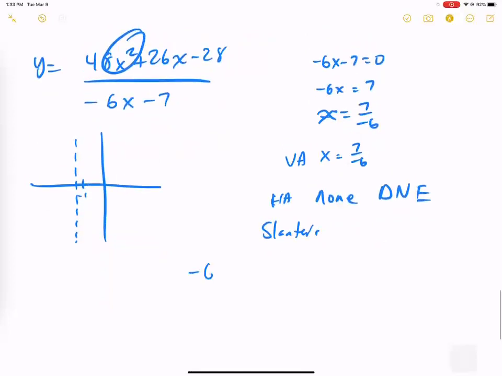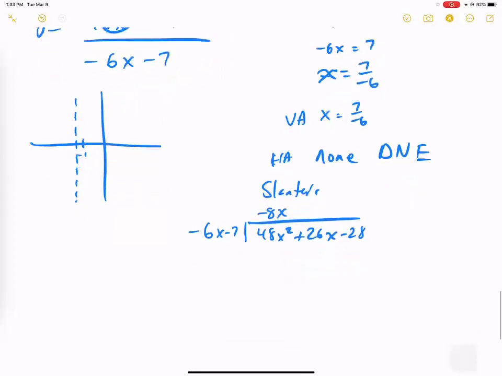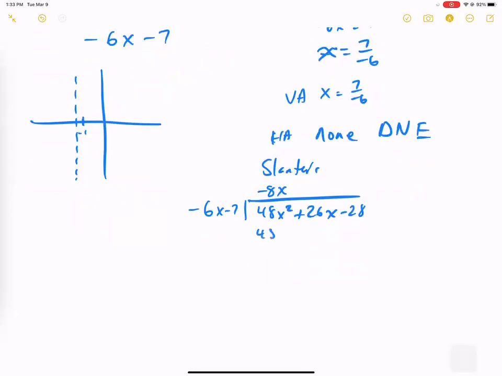And slanted is just going to be us dividing 48x squared plus 26x minus 28 by negative 6x minus 7. So negative 6x goes into 48x squared negative 8x times. Negative 8x, we multiply down. This becomes 48x squared plus 56x. Okay. And then we subtract that. We have more negatives here, so it's going to be negative 30x minus 28.